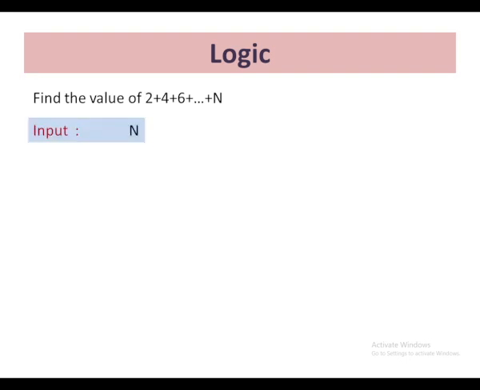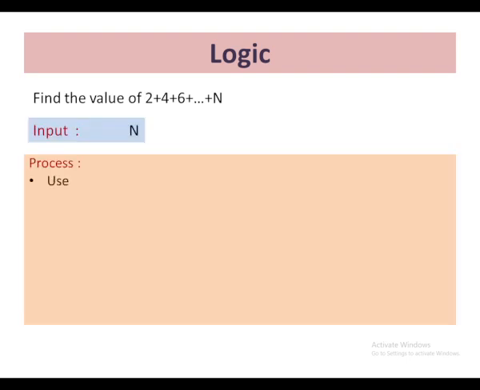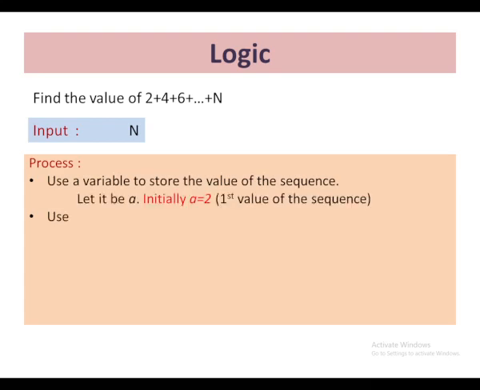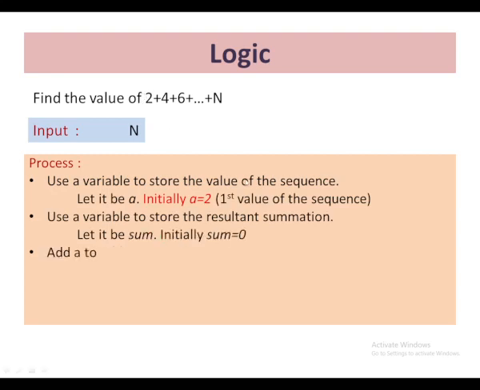So the input is n. Now in the process, you use a variable to store the value in the sequence. Now I am initializing it to 2, because my first value is 2. Next I use the sum variable, and the rest of the things are the same as the previous one.